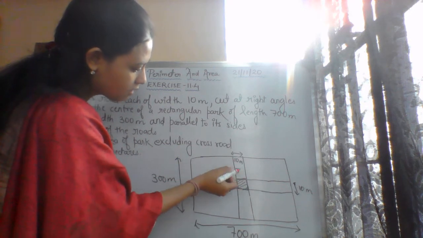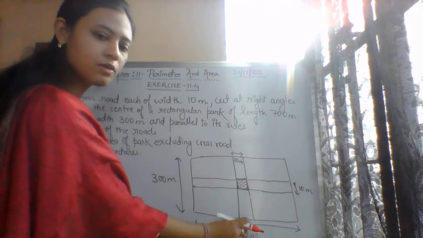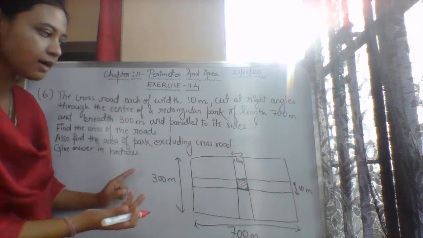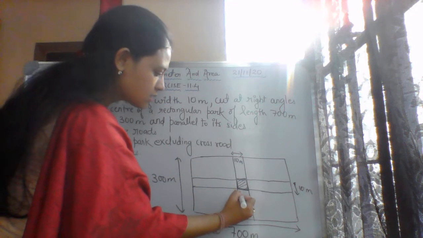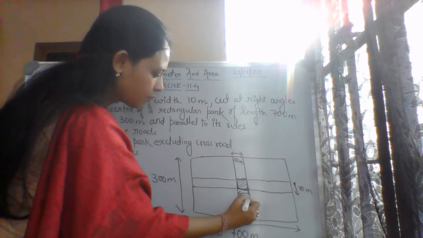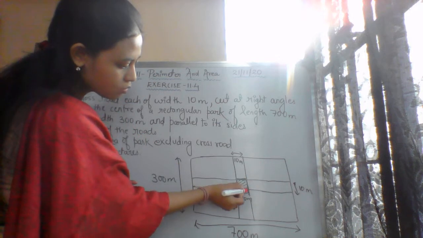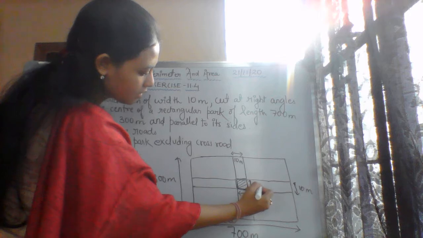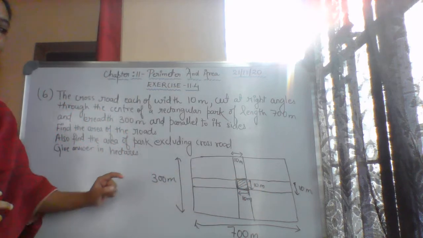This part is equal to 10 meter, this part and this part equal 10 meter, that is the width of that road. So these two lengths are also 10 meter. Now it is easy to find the area of that part.